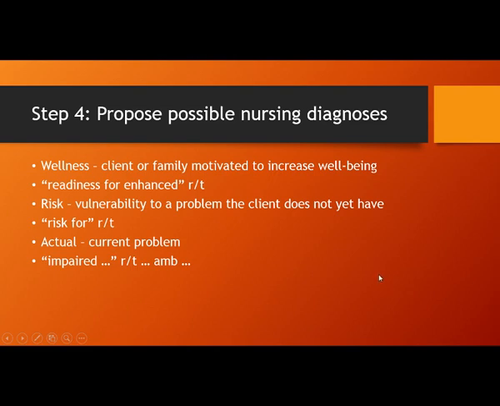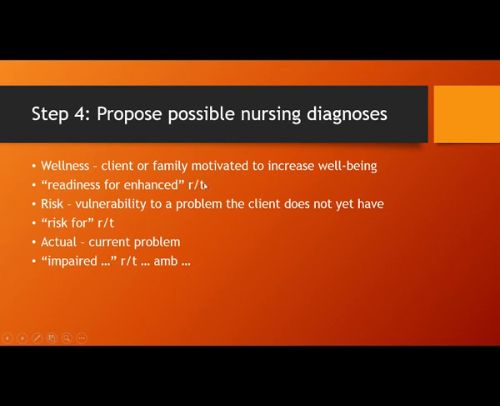Propose possible nursing diagnoses. And we have various types. We have wellness diagnoses, and those are going to look like readiness for enhanced nutrition, readiness for enhanced exercise. So they'll have those words, readiness for enhanced. And it's something that's not a problem, it's actually a good thing.